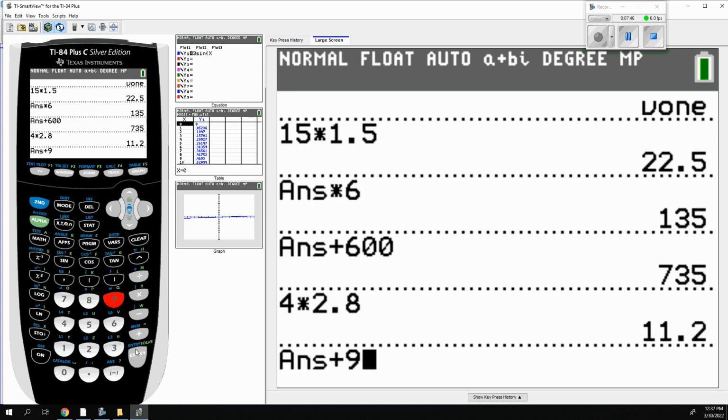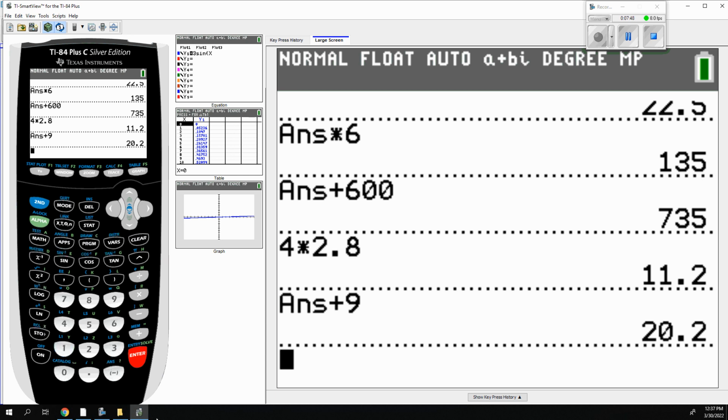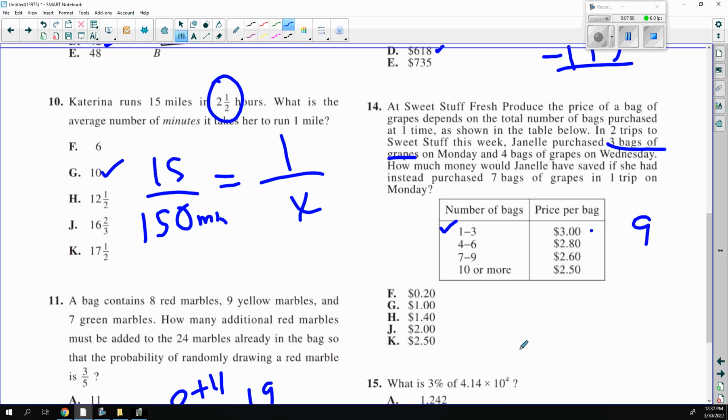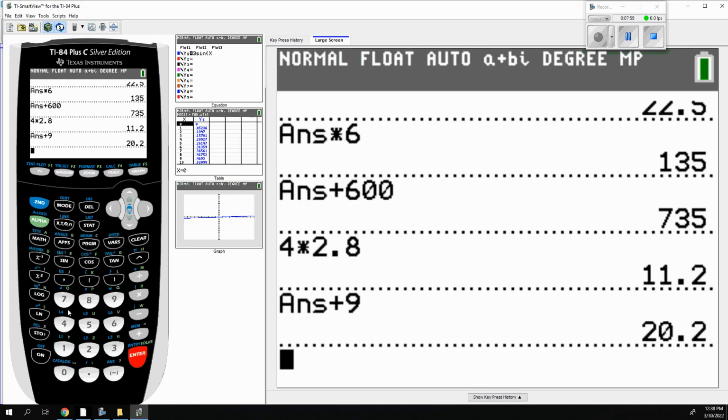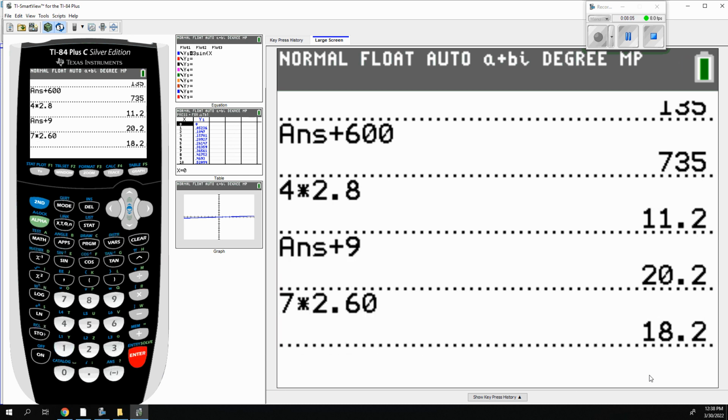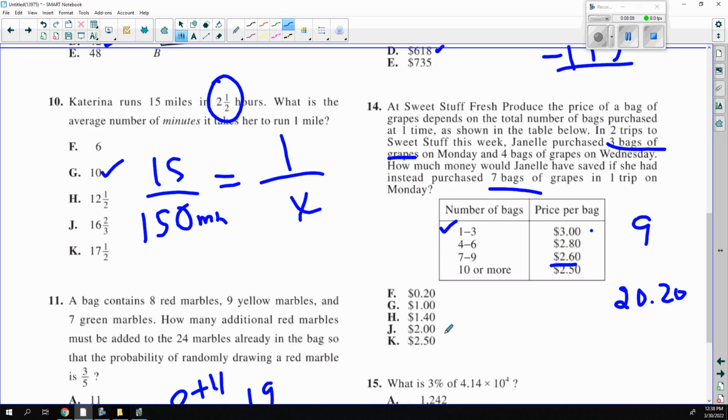You would spend a total of $20.20 on your grapes. But what if you just bought 7 at one time? You'd be spending 7 times 2.60, which is only $18.20. The difference is what you save, $2.